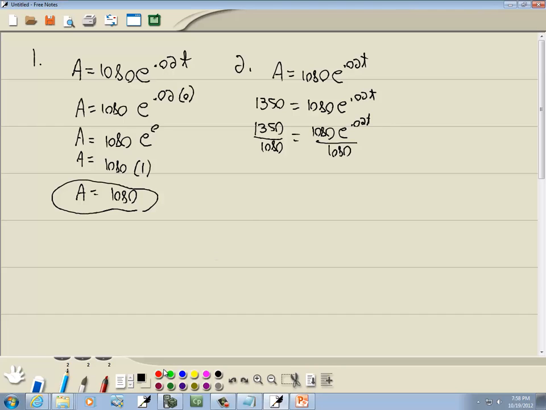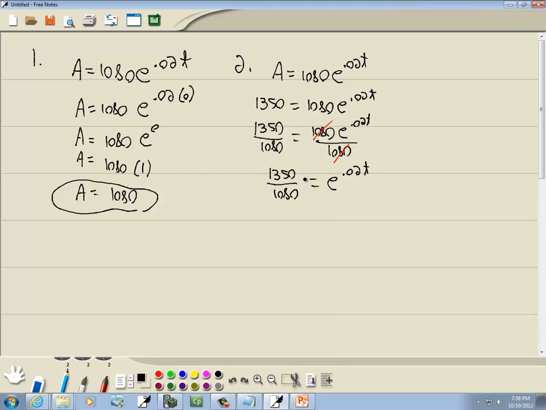So the 1080s cancel, and we got 1350 over 1080 is equal to e to the 0.02 t.